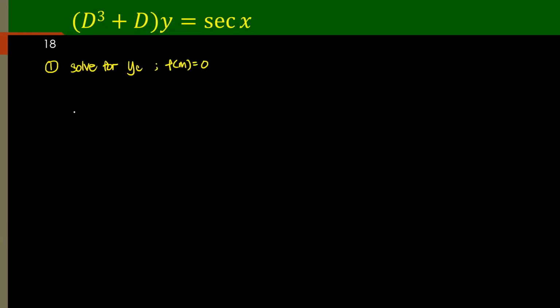Therefore, I can say that m cubed plus m is equal to 0. I'll factor out the m. I'm left with m squared plus 1. So my roots are 0 and plus and minus i. So again, with this, A is 0, B is 1.